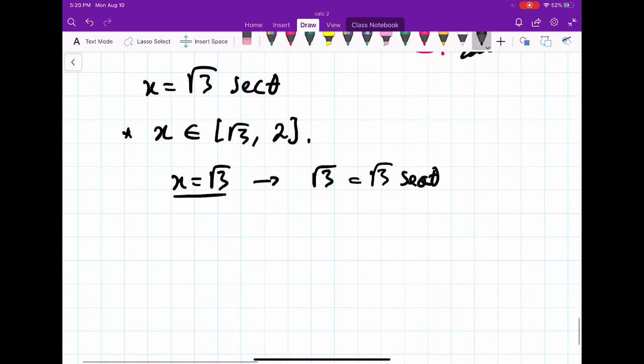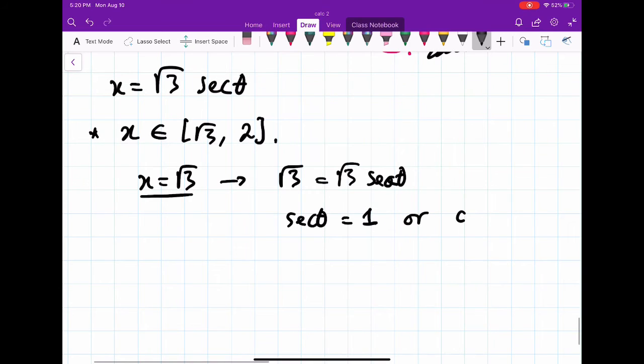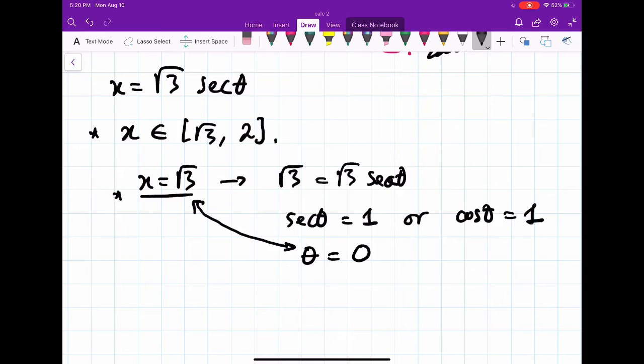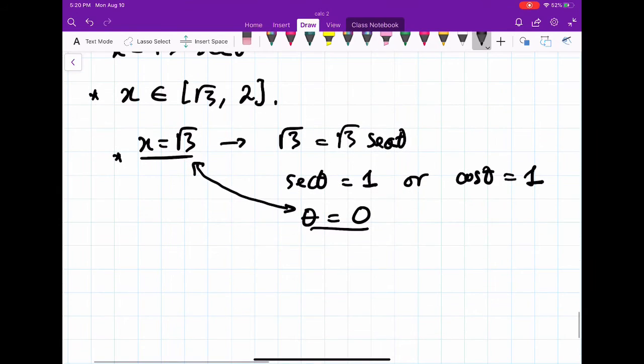From here I have secant of theta equal to 1, or cosine of theta equal to 1. That means theta is equal to 0. Agree? That means the new integration limit is 0, instead of square root 3.